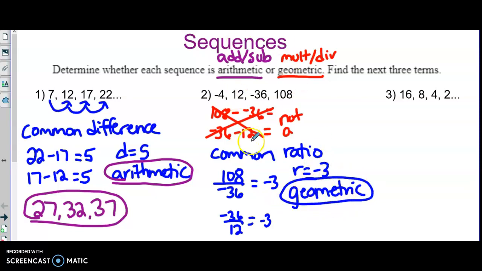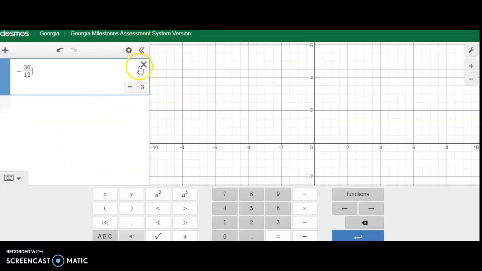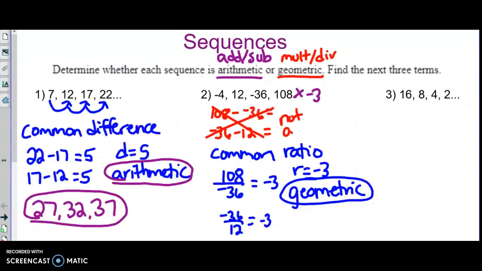And then if we wanted to find the next three terms, since geometric means you're multiplying, we would just keep multiplying by -3. So let's start with 108 and multiply by -3. 108 times -3 is -324.